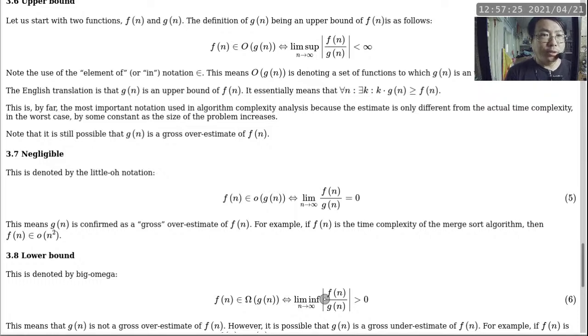So when we use the word tight bound, we are not applying it to a specific element. We are applying it to the limit behavior of the entire sequence.